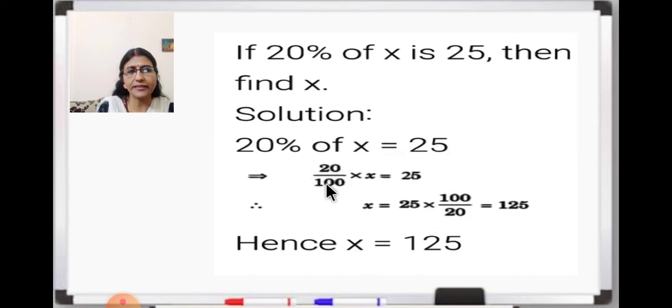It will become 100 upon 20, because when you bring it to this side, you have to write it this way. Then you reduce this; 0 will be cut, and 25 you can reduce this way also. On reducing, you get 125. So x is equal to 125.